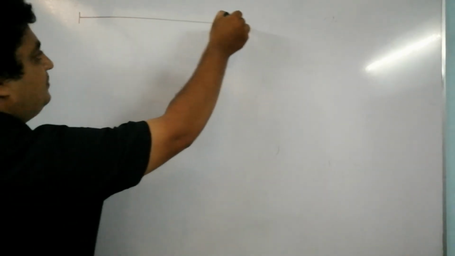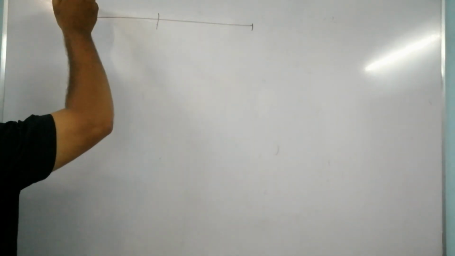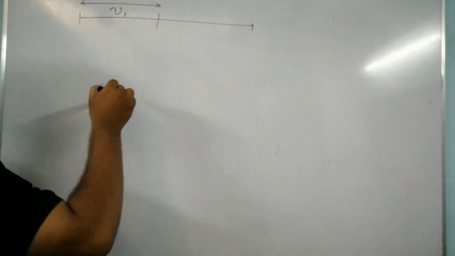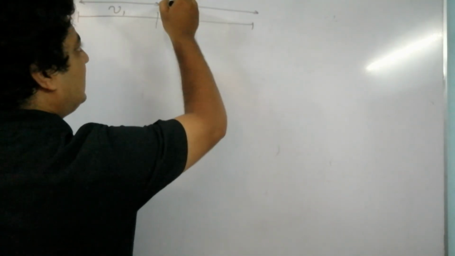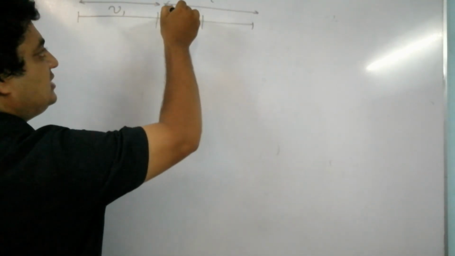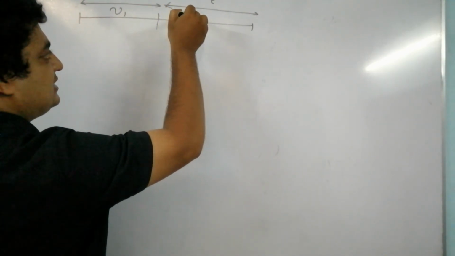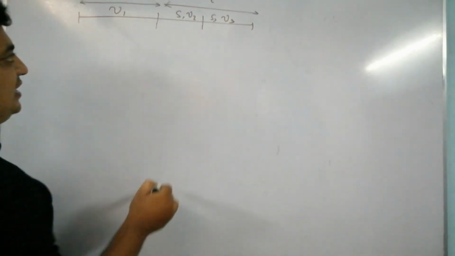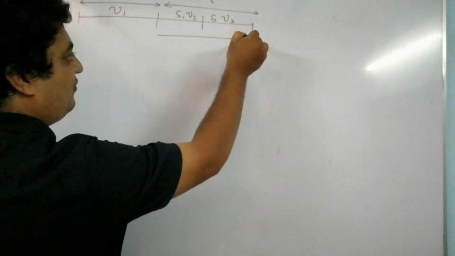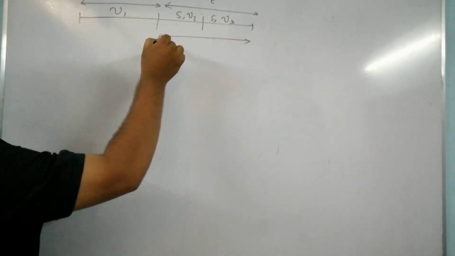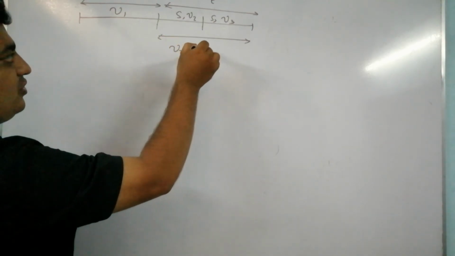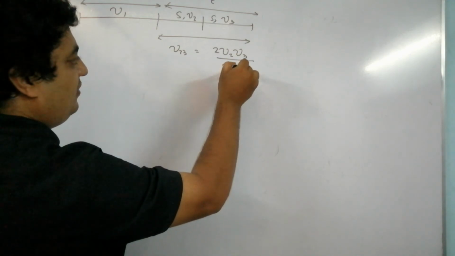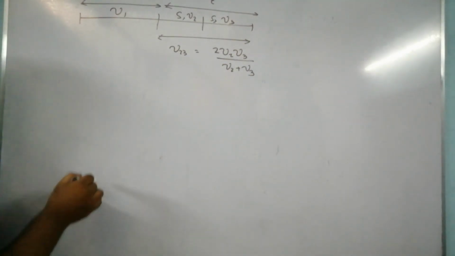Now if we change the question, let the particle move for first half time with the speed v1. For next half time, it covers first s distance with speed v2 and next half distance with speed v3. Now the average speed in this time will be v23 equal to 2v2 v3 divided by v2 plus v3.